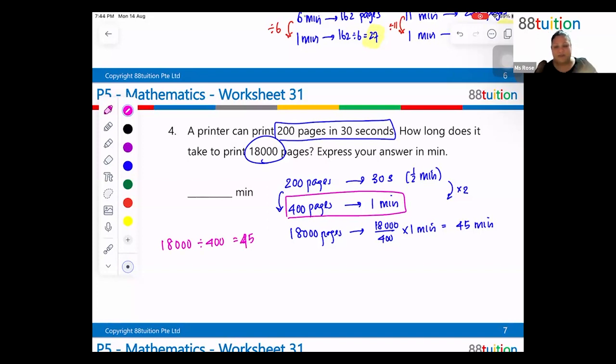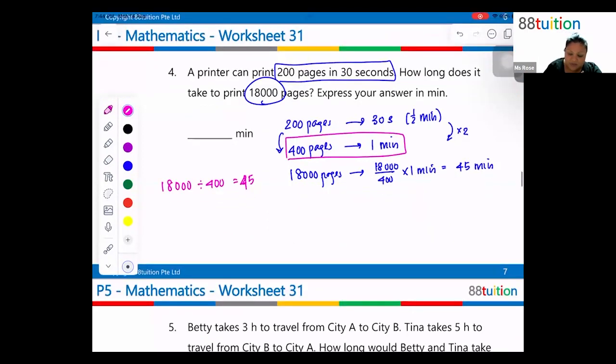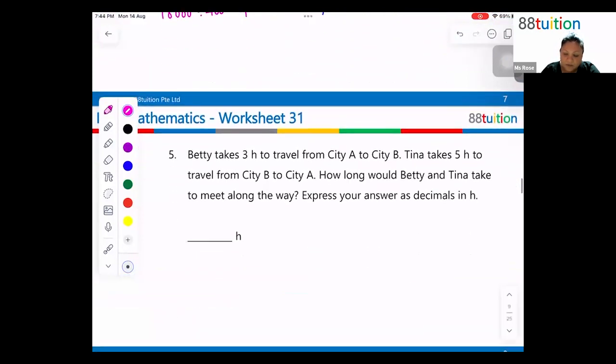But I prefer to have it done in the same steps as what we have always been doing. That way, because we are consistent in our working, we will not forget how to do this. We will not be confused about what divides by what. So that's something that you have to take note of. So this one would be 45 minutes.